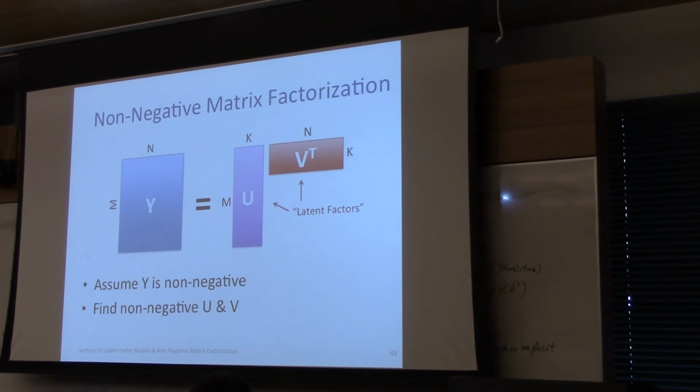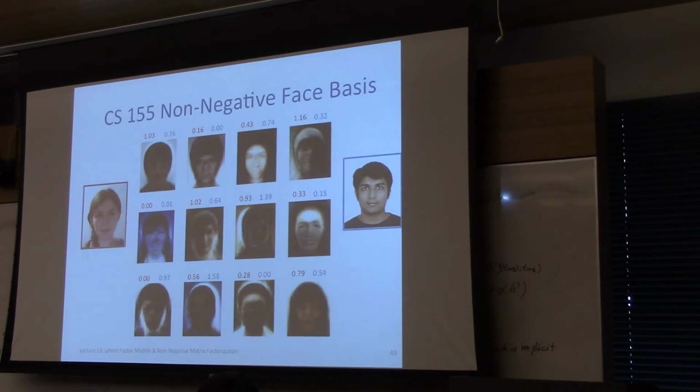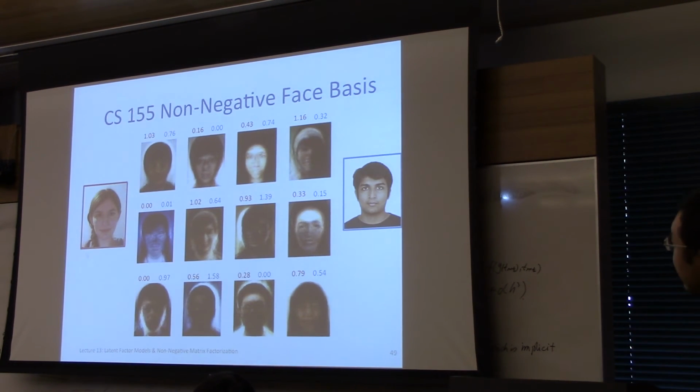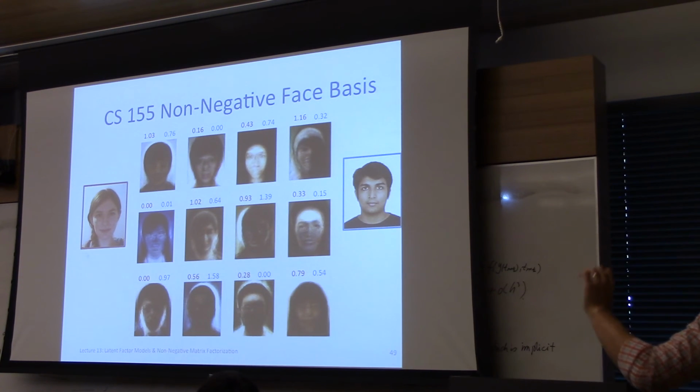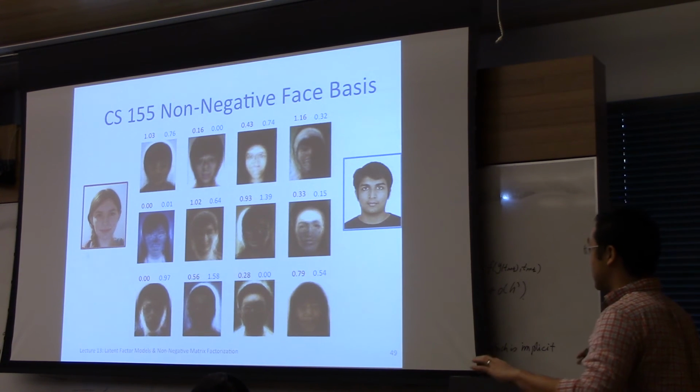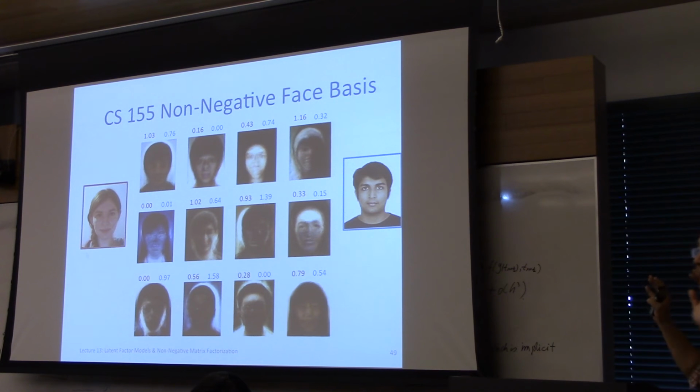So what does this look like if we apply this to the eigenfaces problem? So this is CS155, in the case of non-negative face spaces. So this is Emily and Armand again. And here, how it works is there is no mean face, right? The initial face is completely black. It's completely dark. Every pixel is black.